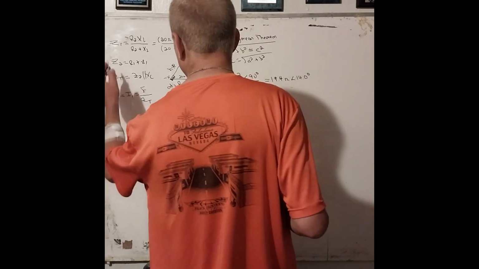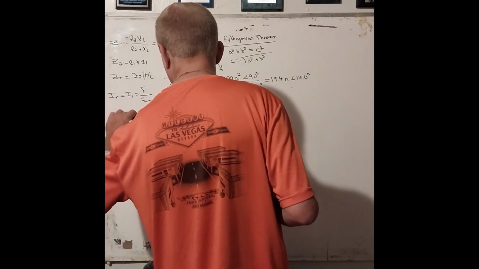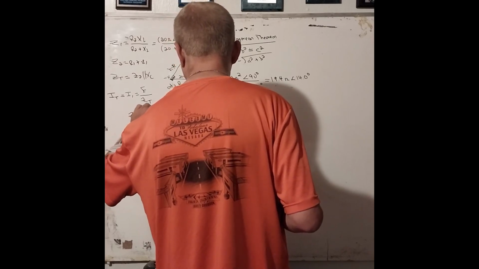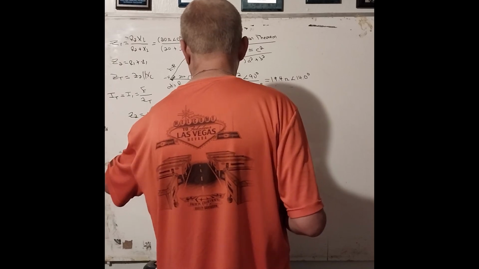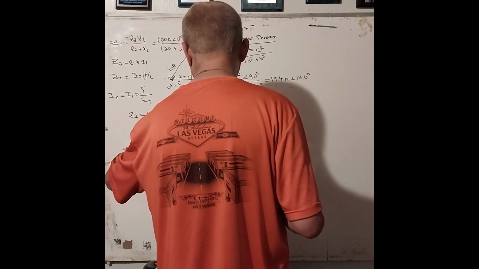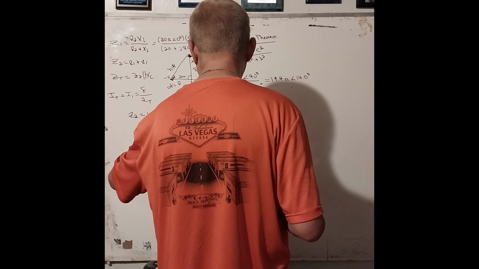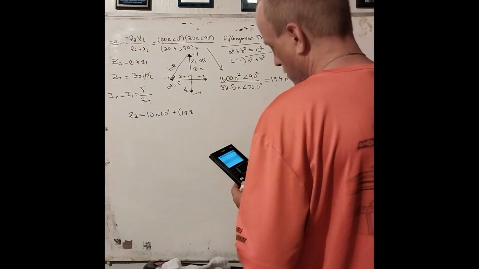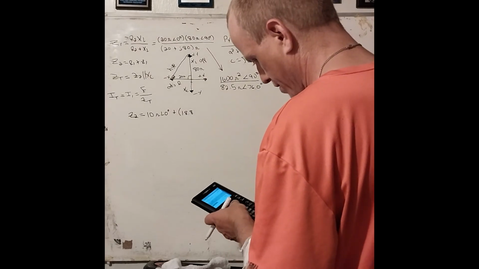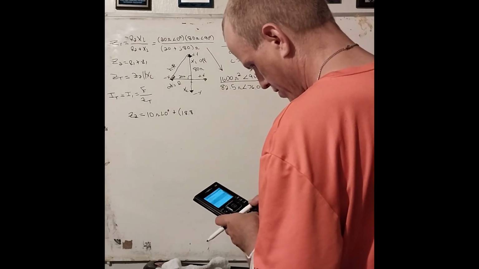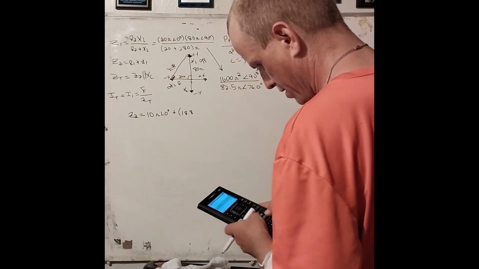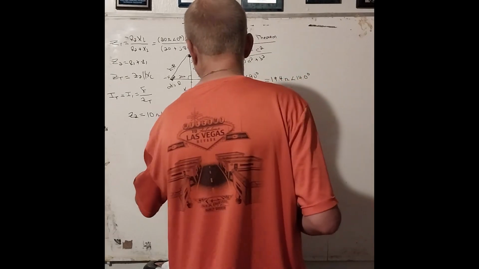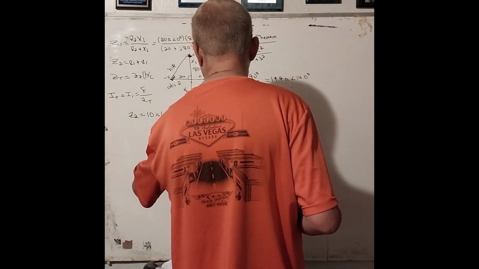So Z sub 2 is equal to 10 ohms at an angle of 0 degrees plus 18.8 ohms, and then let's do 19.4 sine of 14, which is 4.7 or 4.69. This is plus J 4.69.